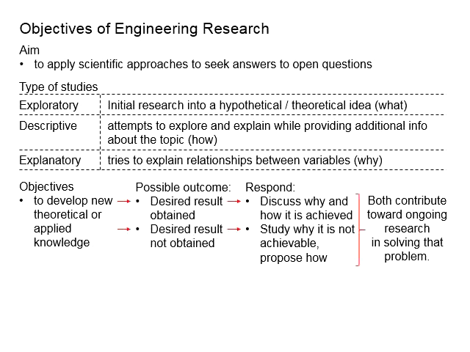You know that the objective of engineering research is to develop new theoretical or applied knowledge. It is meant to resolve some problem. After you have conducted the research, there are two possible outcomes: you are able to obtain the desired result, or the desired result is not obtained.